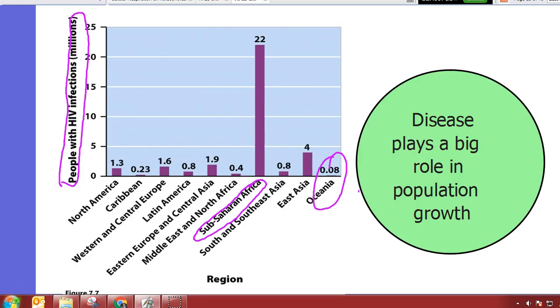AIDS is acquired immune deficiency syndrome. So basically what happens is your immune system is constantly worn down. I know we all hear about AIDS and we all hear about blood.